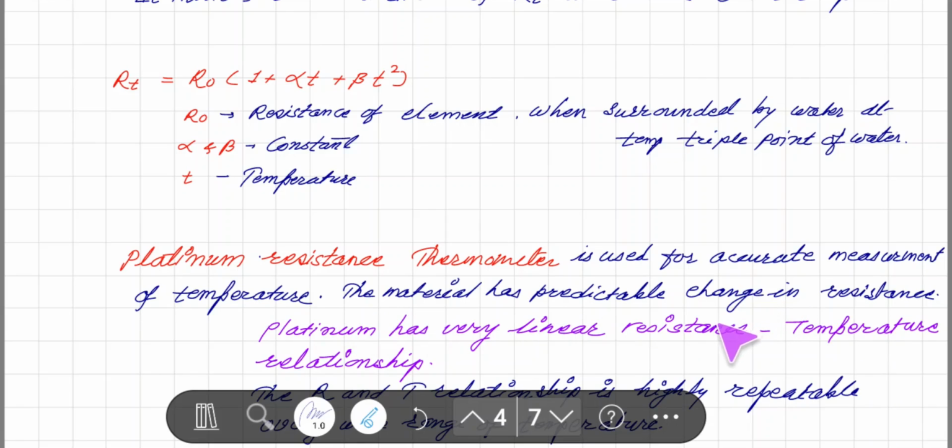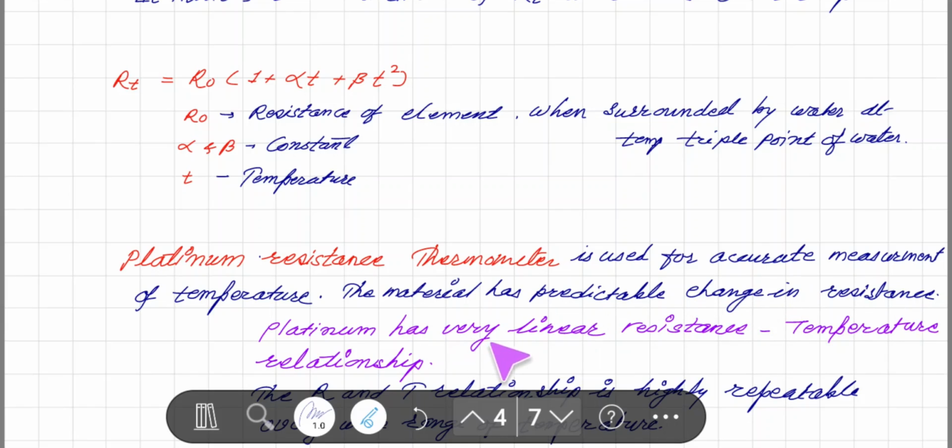That means as the temperature changes, its resistance changes. But the most important thing is that for accurate measurement it is used because the change in resistance is linear and reliable for the application of measurement of temperature.